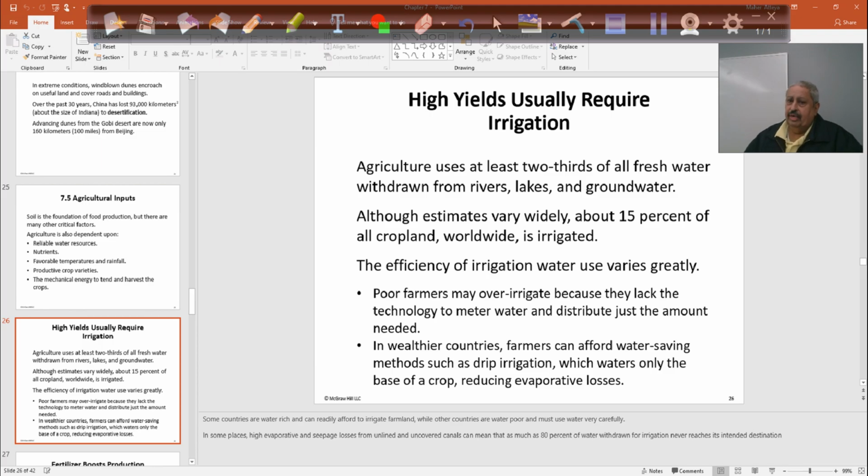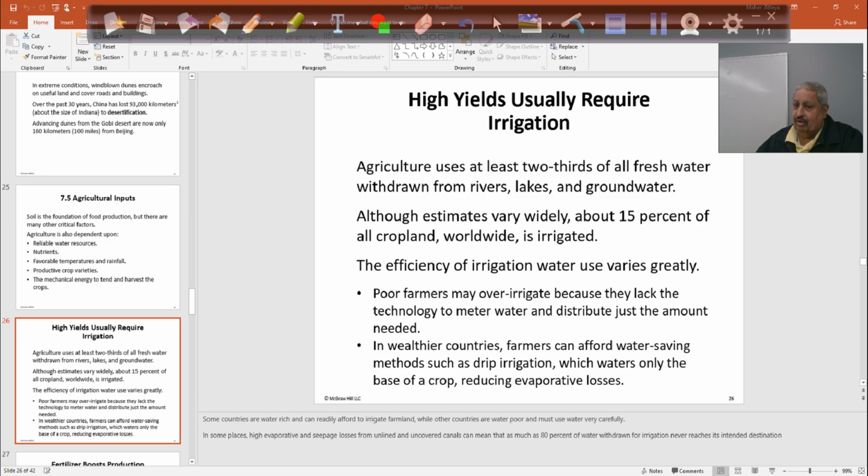High yields usually require irrigation, and that's one of the things depleting our tap water. 15% of the water is used for agriculture. So the efficiency of irrigation and water usage greatly varies.